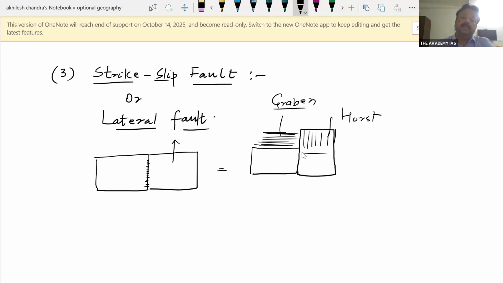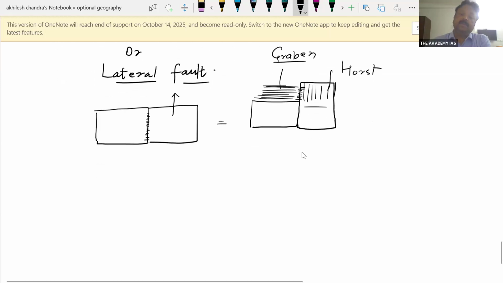So here we will see that strike slip fault, or we can say lateral fault. Lateral fault or strike slip fault. And sometimes it is also referred to as transform fault. Transform.